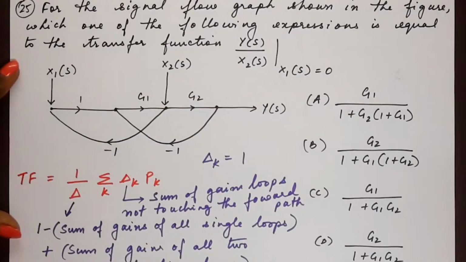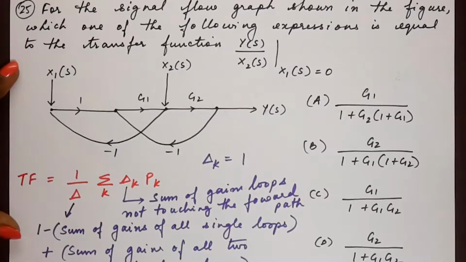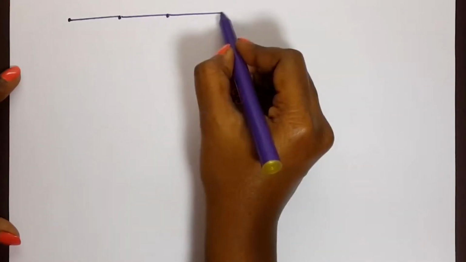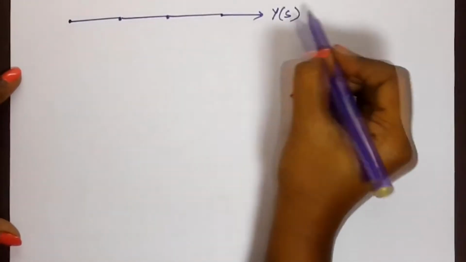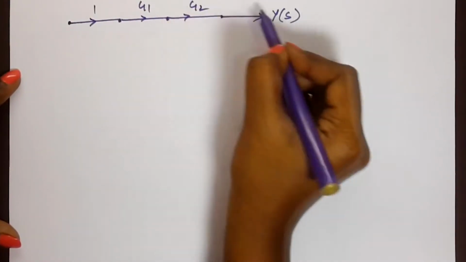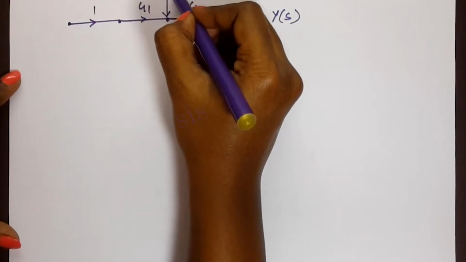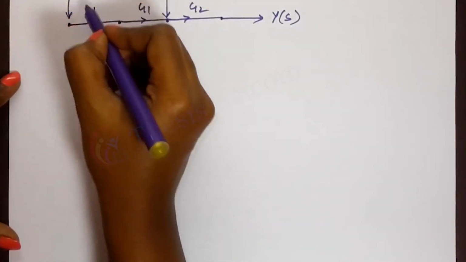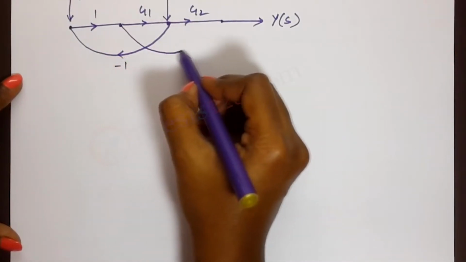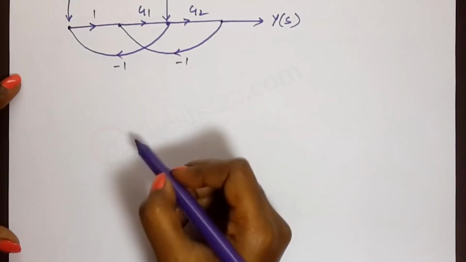Now let's solve this step by step. We'll start with the forward path. That's our first step. I'll draw the figure here so that we don't have to turn back all the time and refer. We have our output y of s, 1, g1, g2, input x2, input x1, and we have a feedback here which is -1 and another here which is -1.